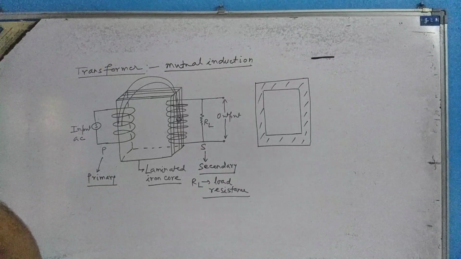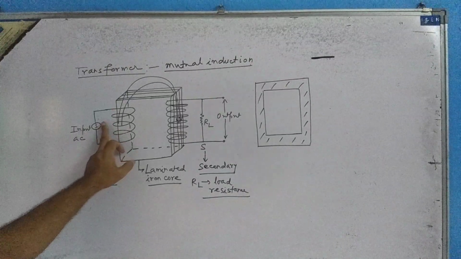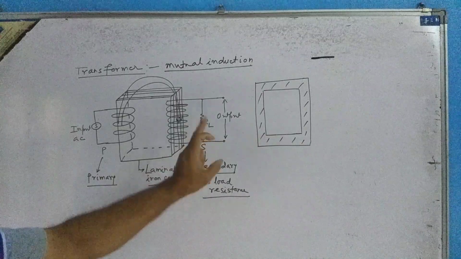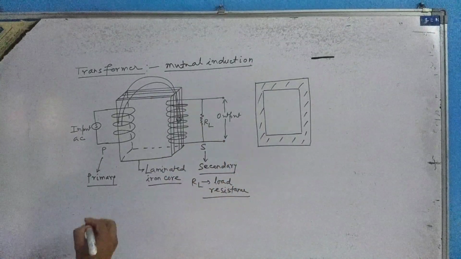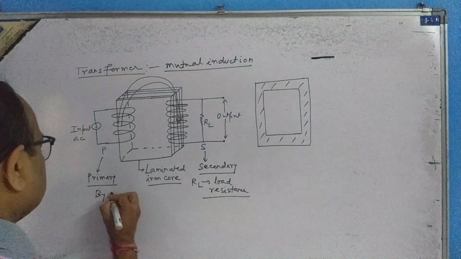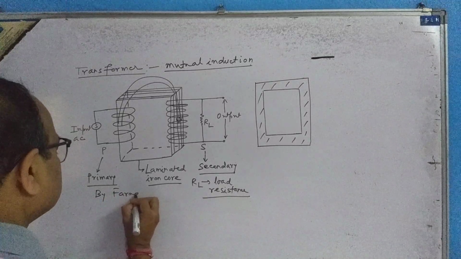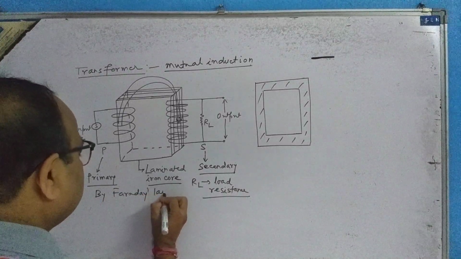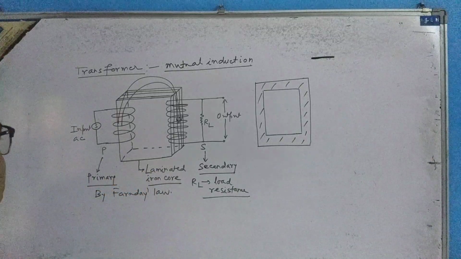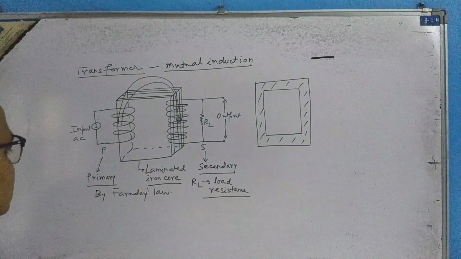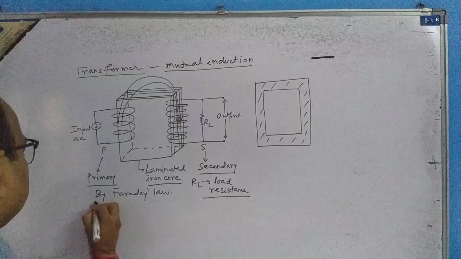Then what will happen? Obviously, change in flux यहाँ भी हो रहा है, यहाँ भी हो रहा है. तो by Faraday's law, definitely Faraday's law of electromagnetic induction. By Faraday's law of electromagnetic induction, what will happen?